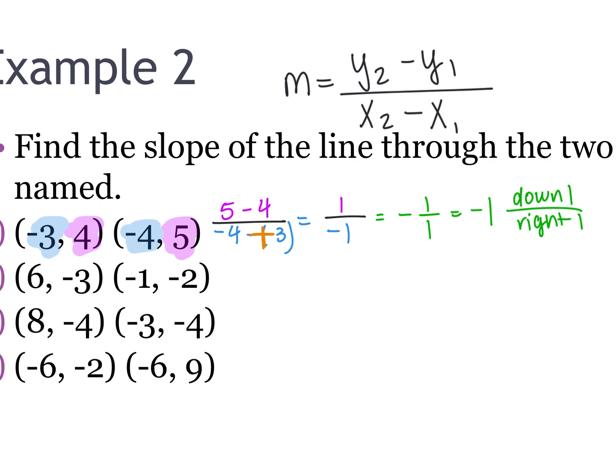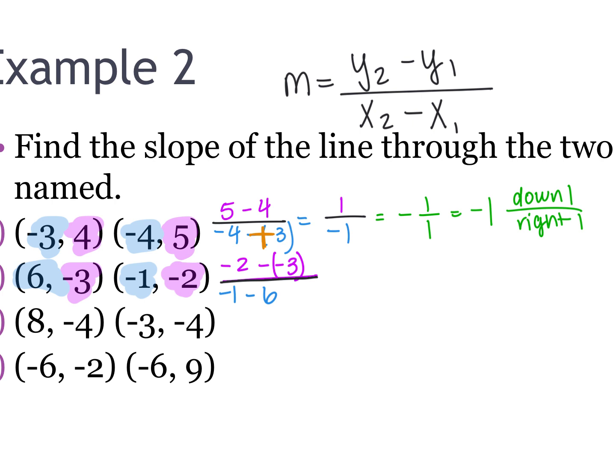All right, looking at the next one, I have my y values and then I have my x values. So my y is negative 2 minus negative 3. It's going to change to a plus sign over negative 1 minus 6.